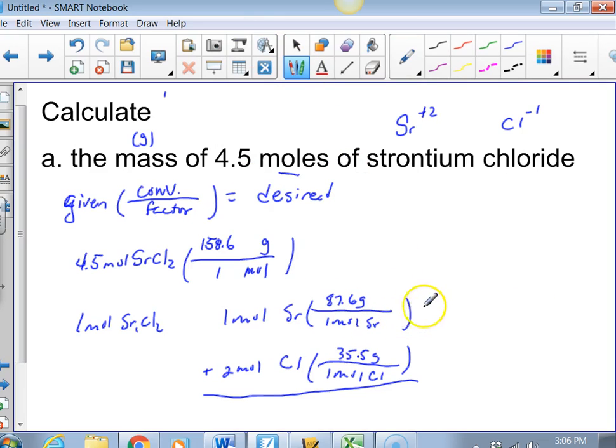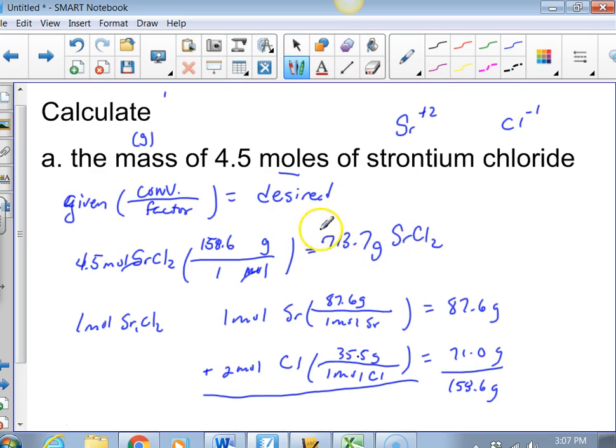So this is 1 times 87.6 is 87.6 grams. 2 times 35.5 is 71 grams. And that gives us our 158.6 grams. So we're using our molar mass and the conversion factor. In fact, it is the conversion factor. Moles cancel. You get 4.5 times 158.6 gives 713.7 grams SrCl2.